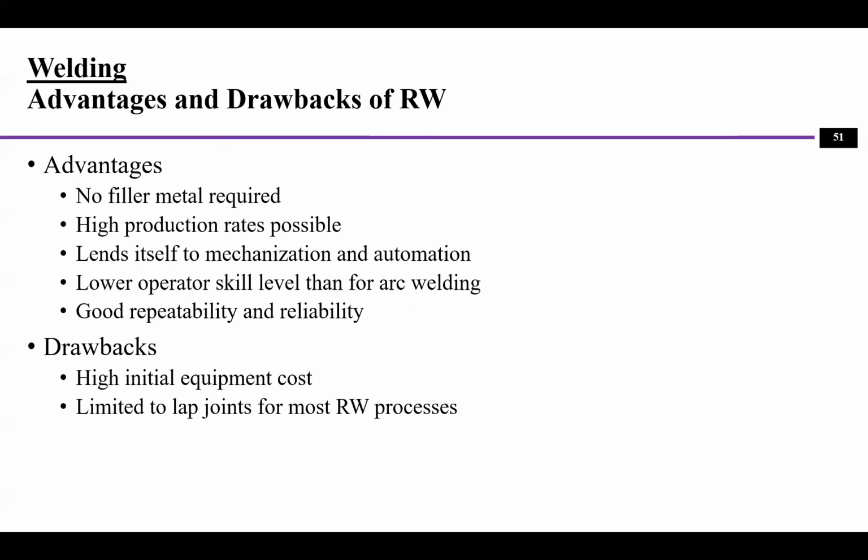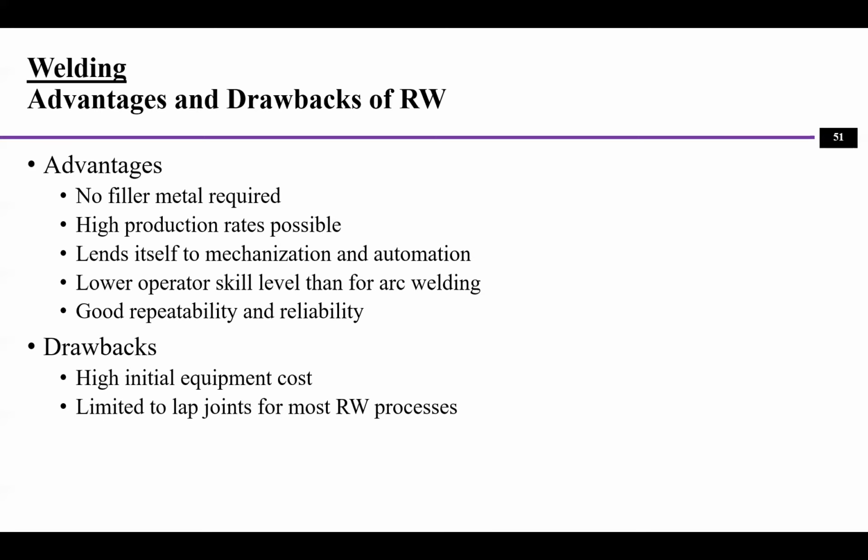It's just a one-moment thing. It does not need a long time, and we can do automation, because the process operation itself is not very complicated, and we can easily automate it. And it has good repeatability and reliability.